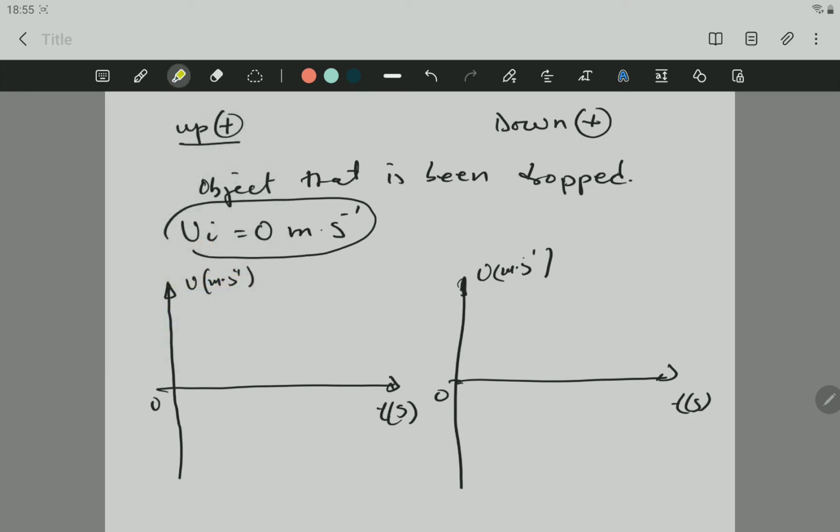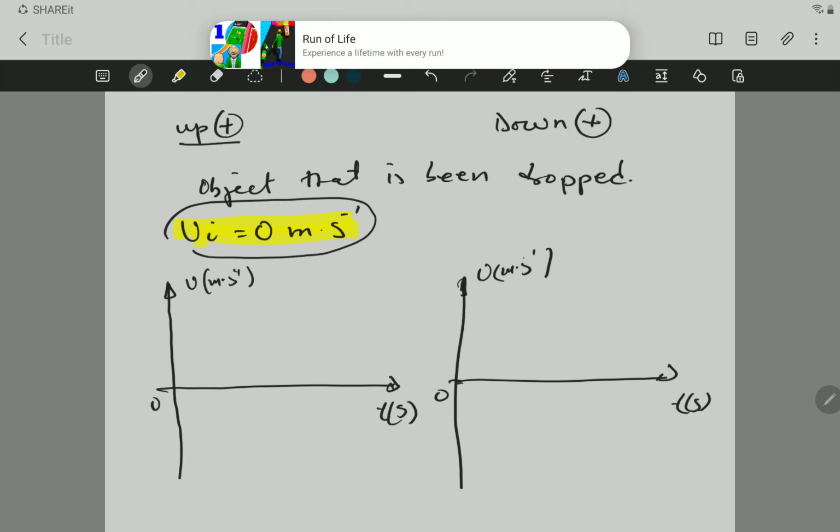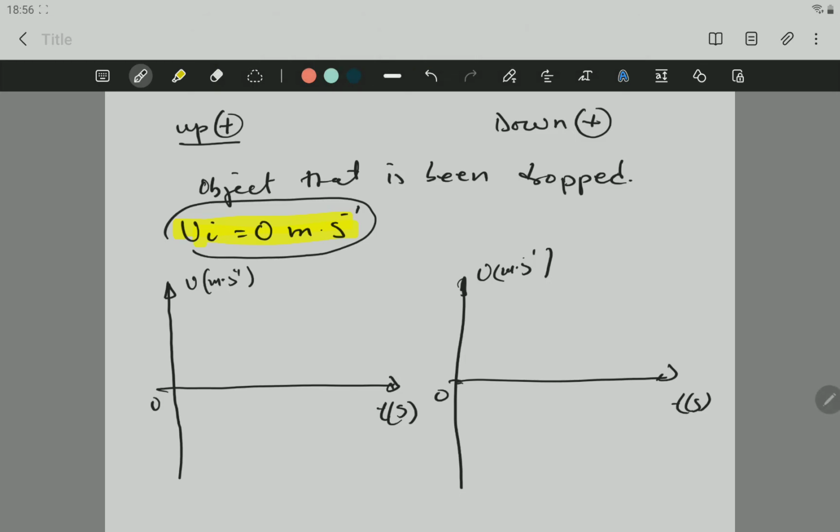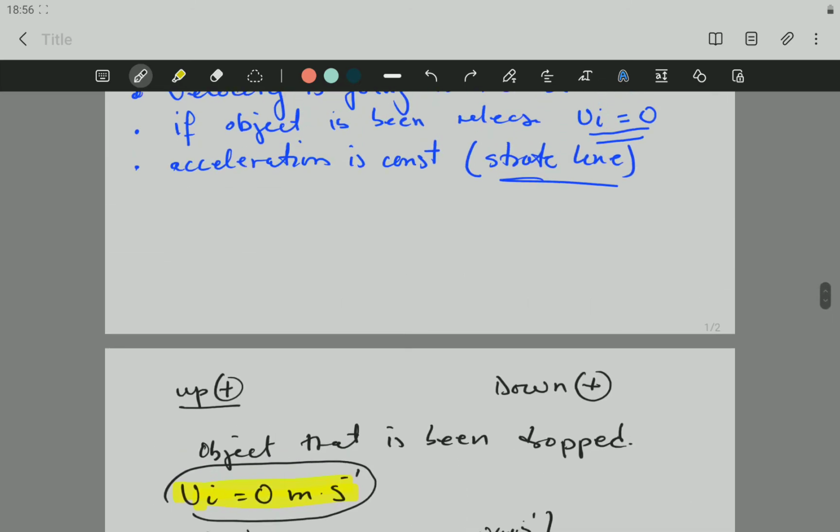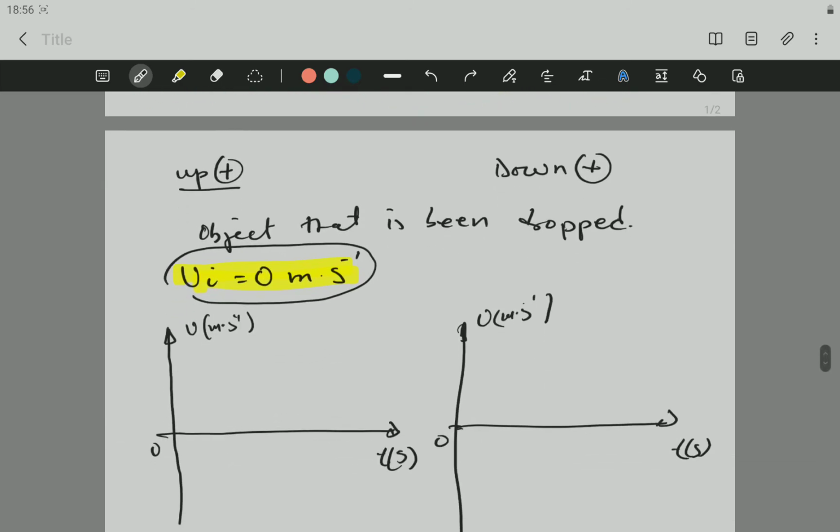Remember, it's not always going to be dropped. Okay, now in this scenario, it's going to be dropped. So in both cases, we're going to start from 0. If up is positive, the object is moving down. Remember, up is positive and the object is moving down. It's being dropped.